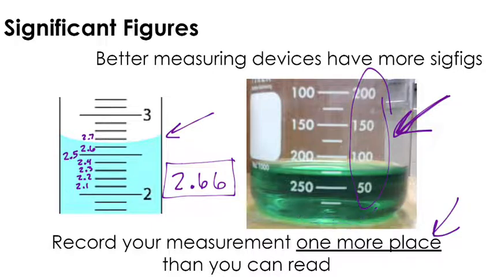So that being said, I've now gotten my answers narrowed down, but still, my line, my green liquid, is somewhere between 50 and 100, and it's pretty close to this middle line. But since there's only one line between 50 and 100, then that is our 75 line, which means that these increments between lines, between what we can actually read off of the device, are 25 milliliters wide.